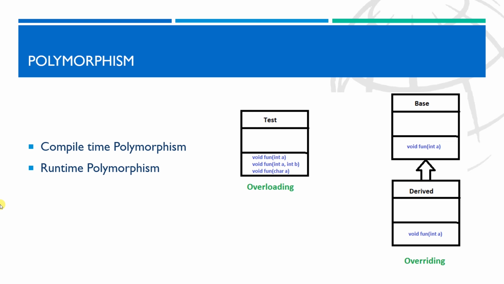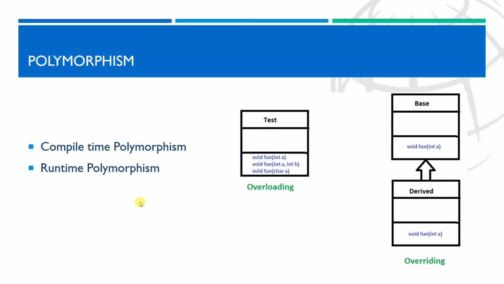Method overriding occurs when a derived class has a definition for one of the member functions of the base class. That base function is said to be overridden. So for compile time, we are overloading, and for runtime, we are overriding. That is the difference between these two types of polymorphism.